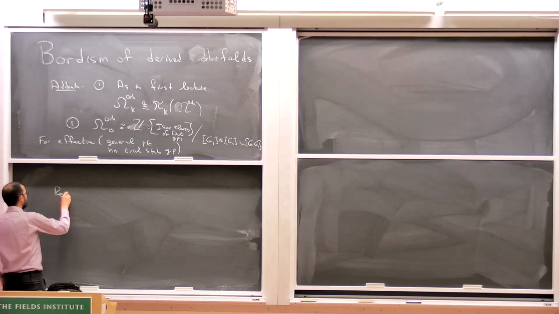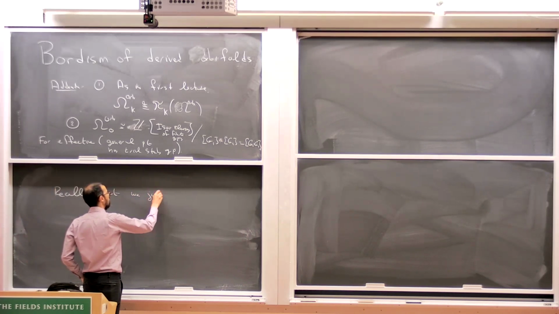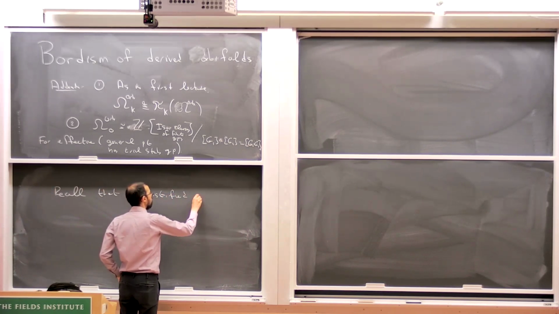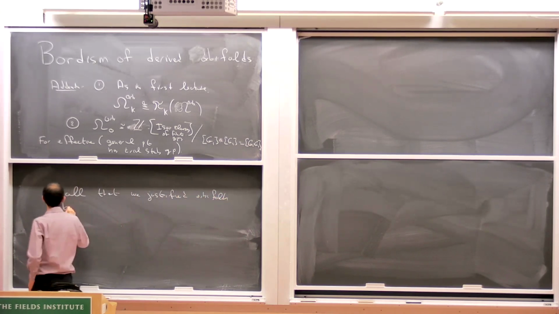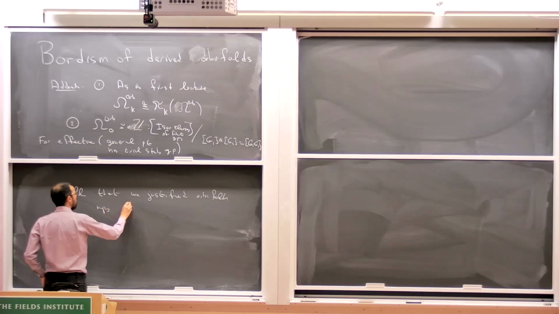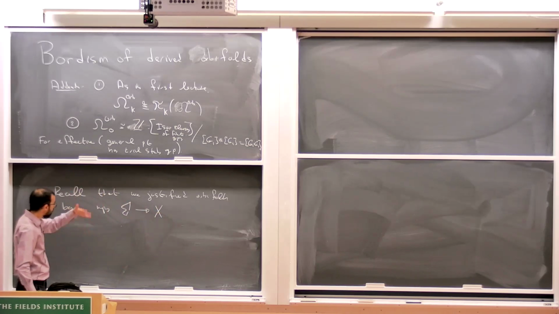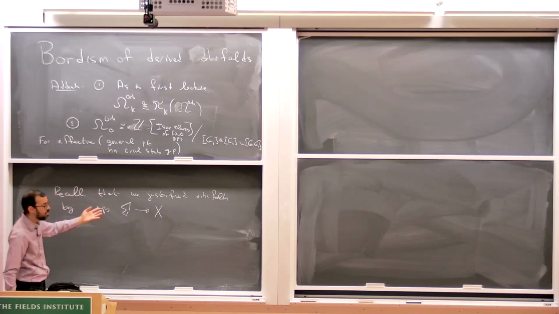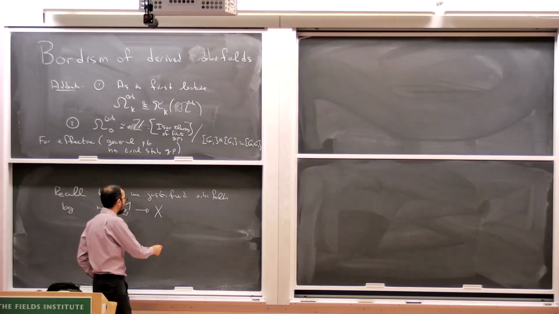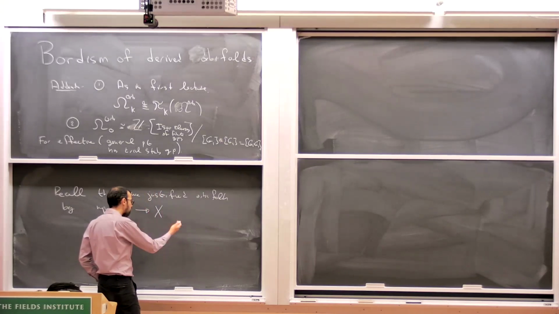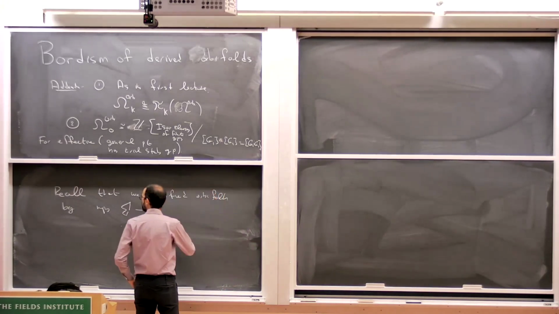Recall in the morning that we justified studying orbifolds by looking at maps from some Riemann surface to some target, and saying that we want to look at the moduli space of such, and the space of such should have an action of the automorphism group, and the moduli space of such should somehow be taking the quotient.